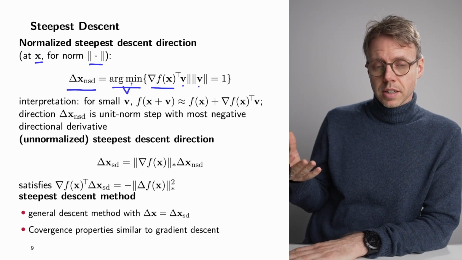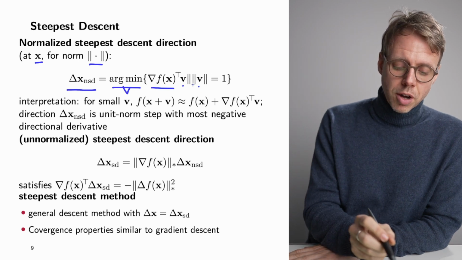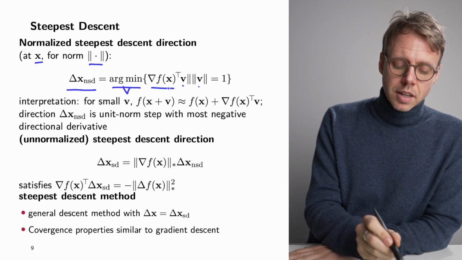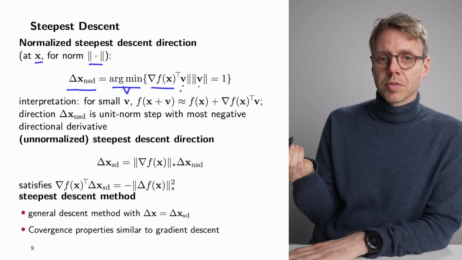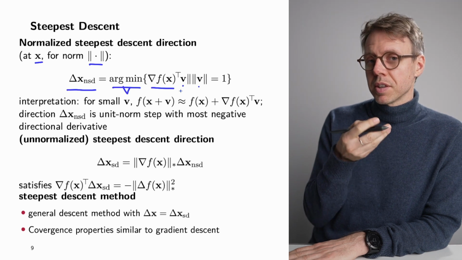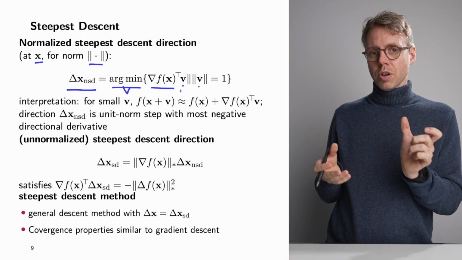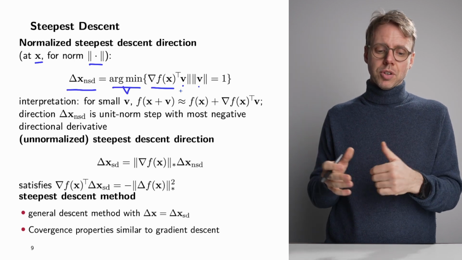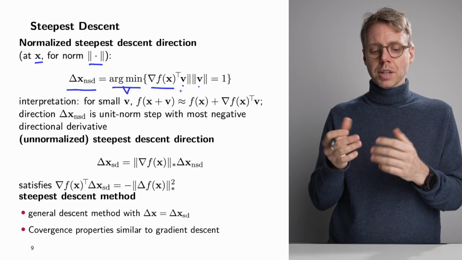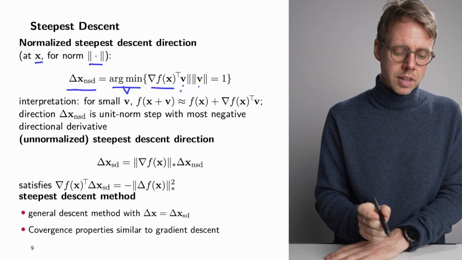Of course, if the norm is our Euclidean norm, then the argmin would be the negative gradient divided by the norm of the negative gradient. So it would be a unit norm vector that points in the opposite direction of the gradient. But for other norms, this descent direction may look different.